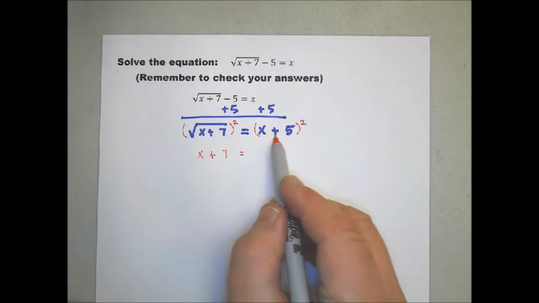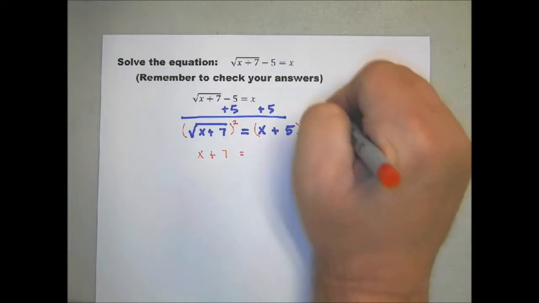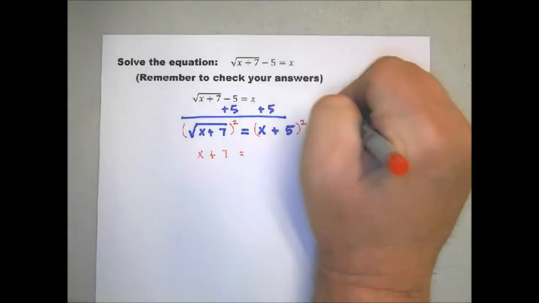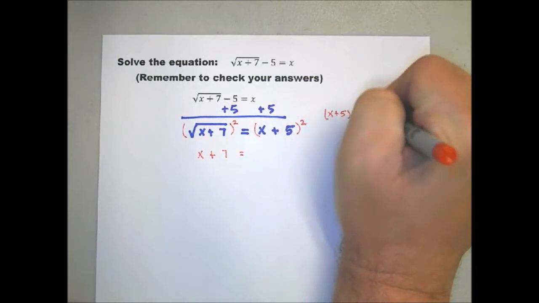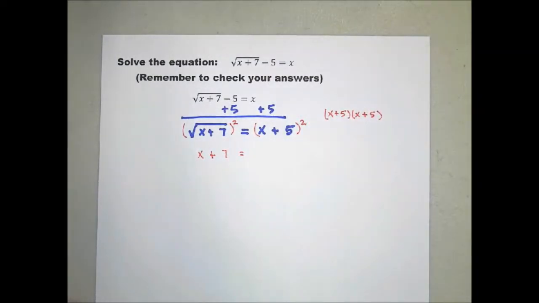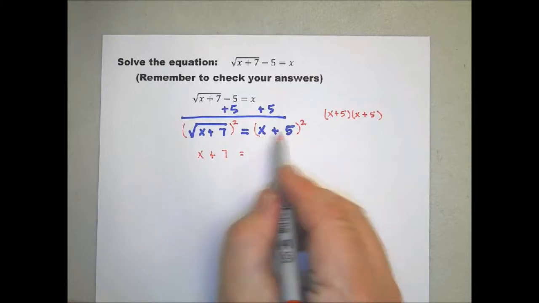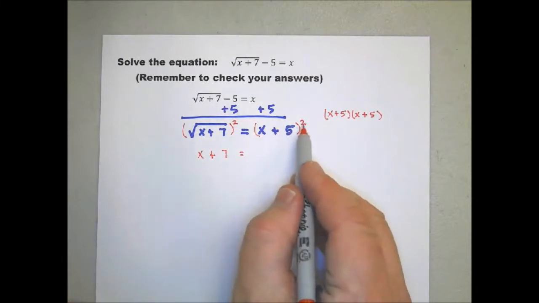This is x plus 5 squared, so this would be the same thing as x plus 5 times x plus 5. Remember, since this is a binomial term, you don't just distribute the square.